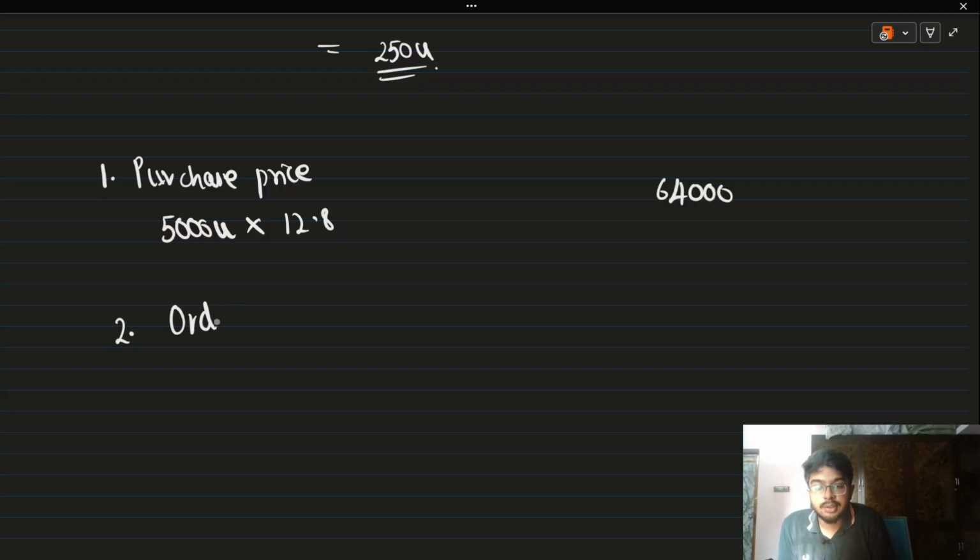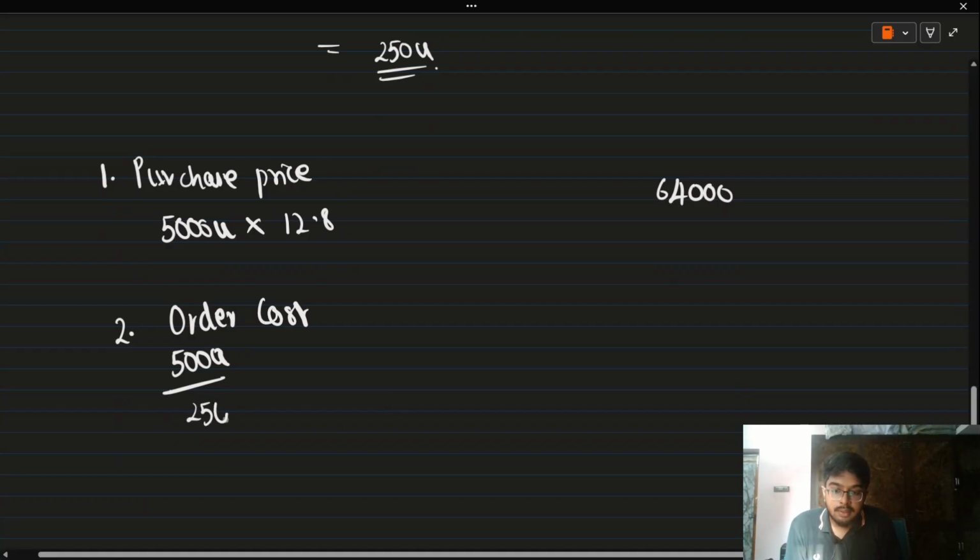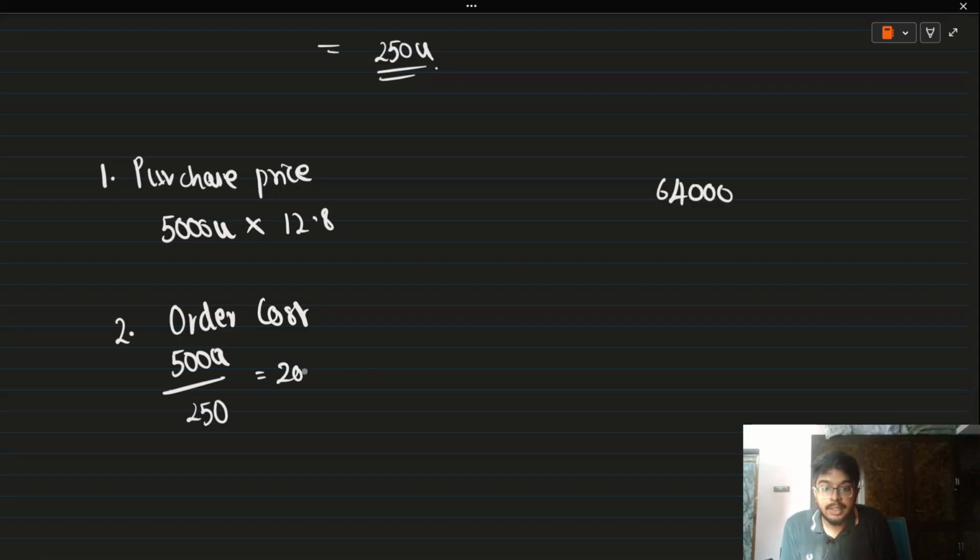Next, order cost. 5000 units divided by, what is the EOQ now? EOQ is 250. 5000 divided by 250. So number of orders per annum is 20 orders into 16 per order comes to 320.